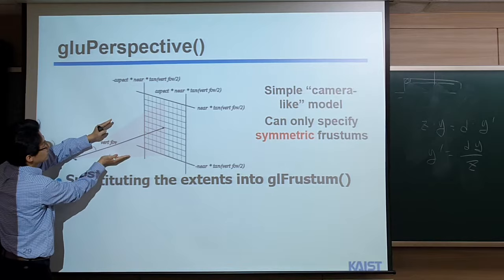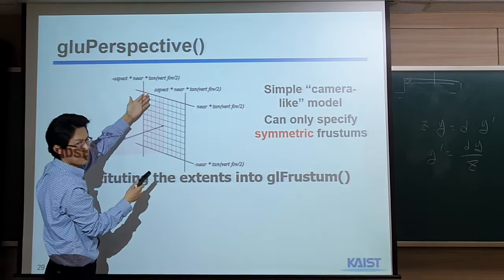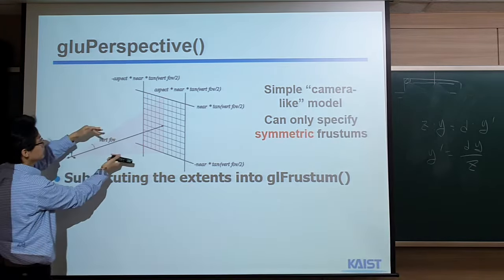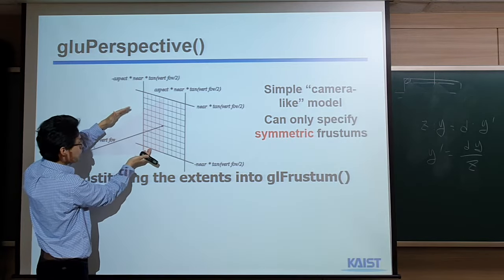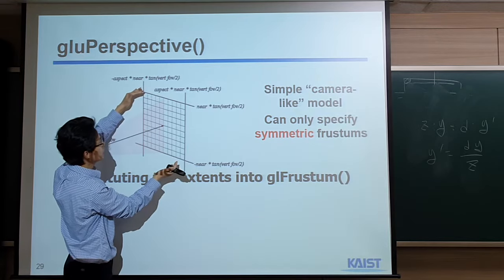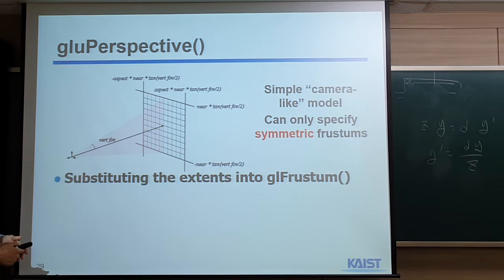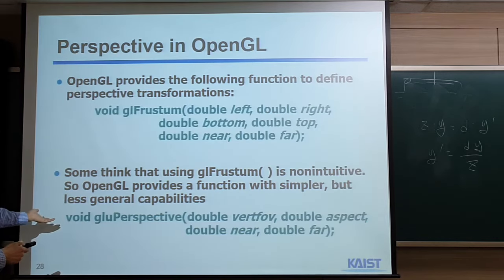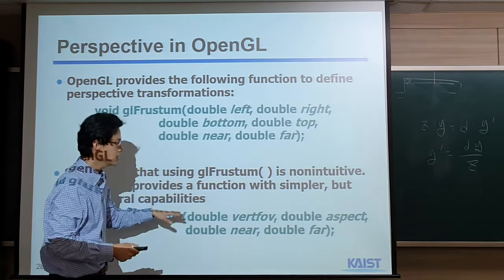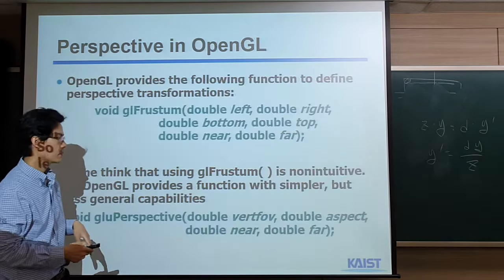Once you define this, based on the aspect ratio, nothing but a ratio between the width and height, you can compute the width and height. Some people prefer this kind of API. It's a different parameter, but in the end, we are just using the same concept here.